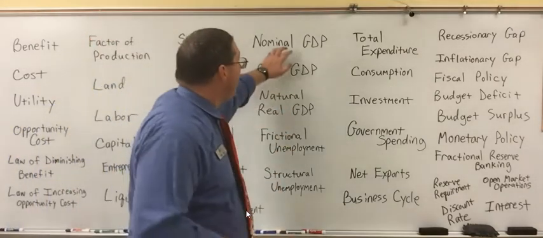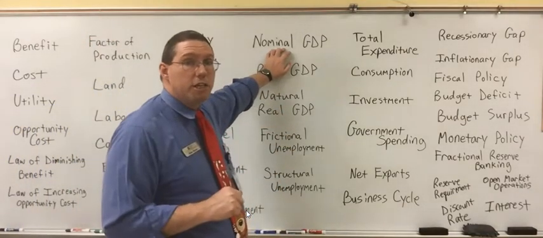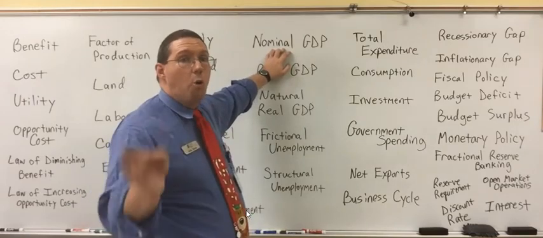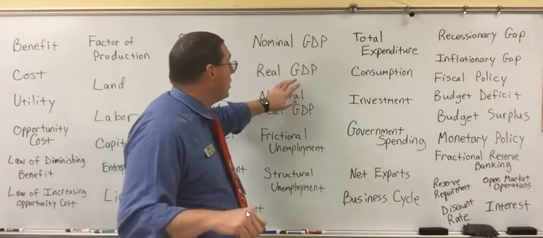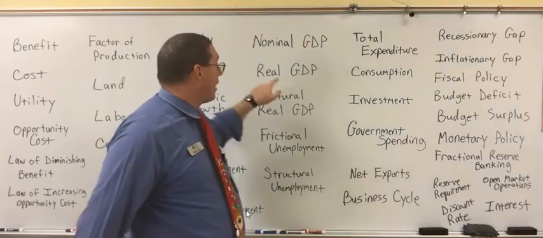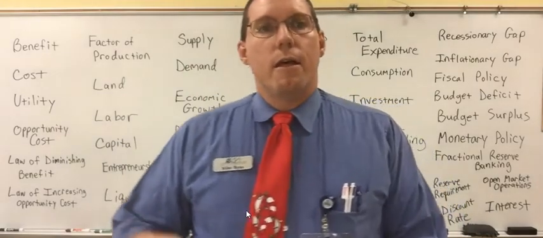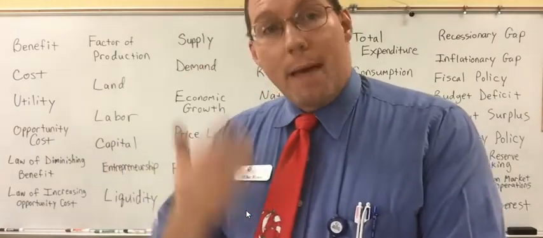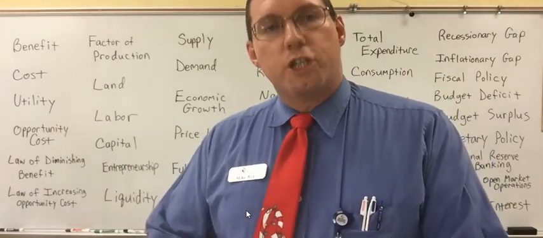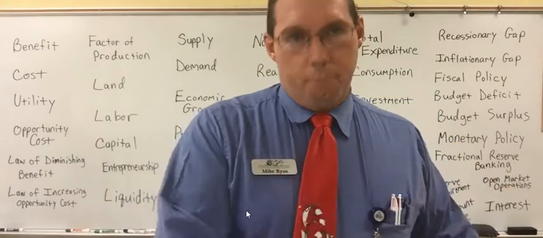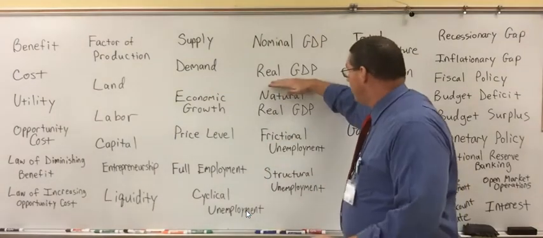So when we divide inflation out of nominal GDP, when we divide price changes out of GDP, all we have left are changes in actual production, and that gives us real GDP. So real GDP is a measure of the actual production of stuff and not a measure of changes in price. All right, that's real GDP.